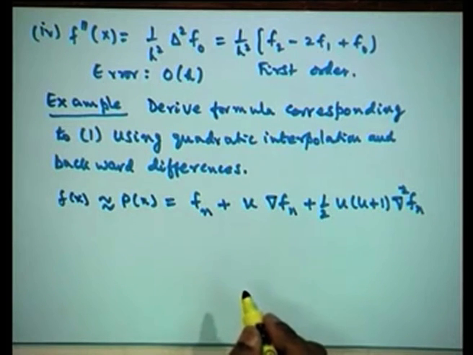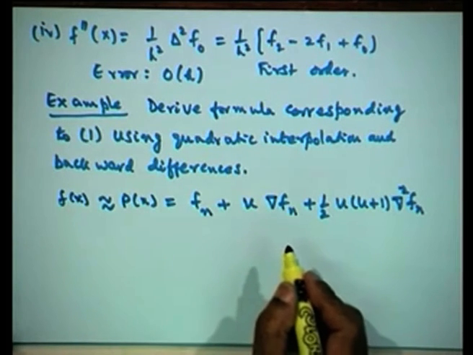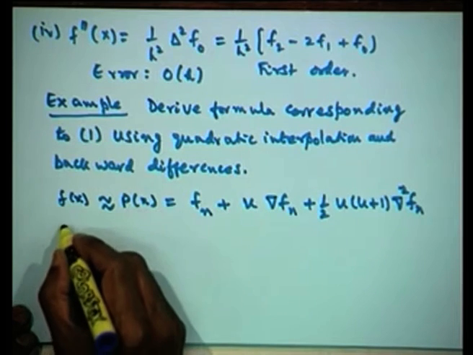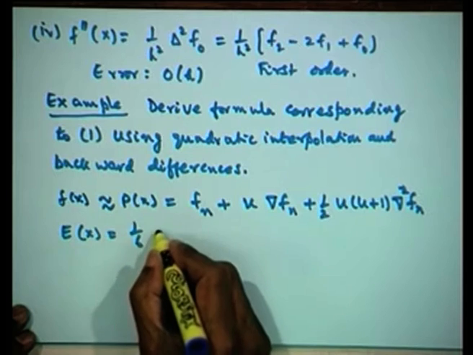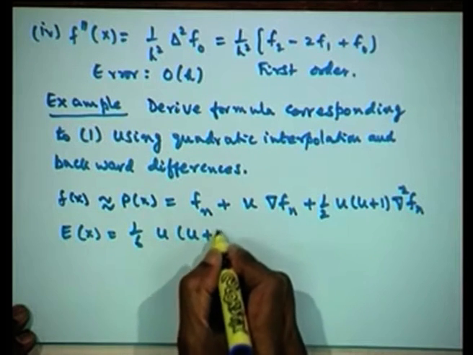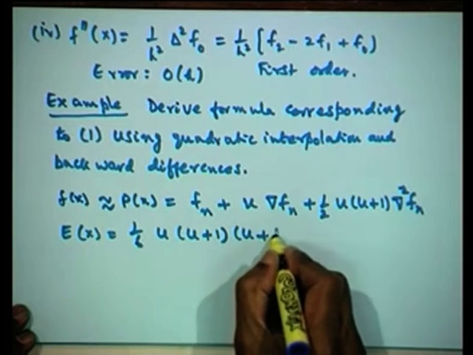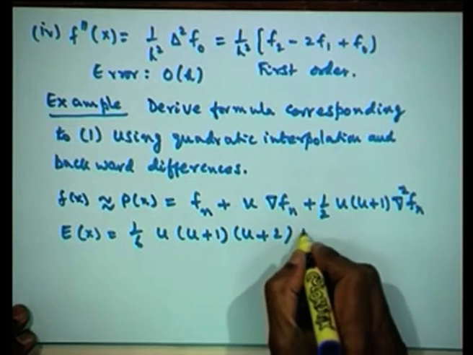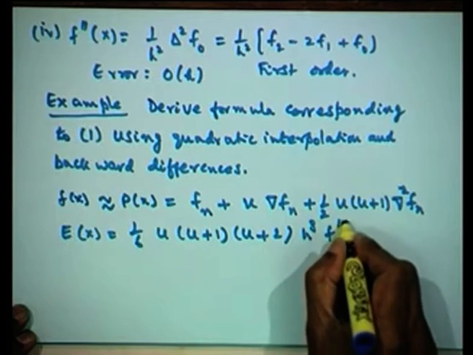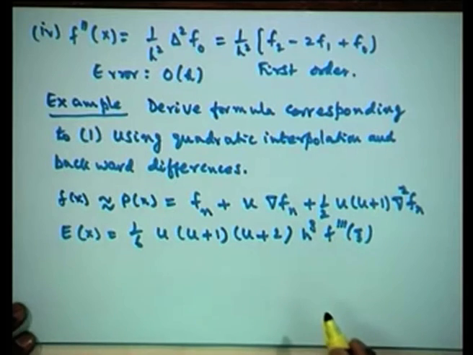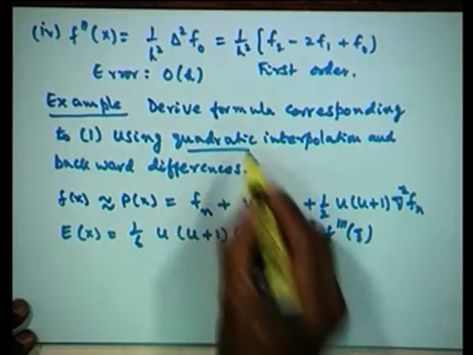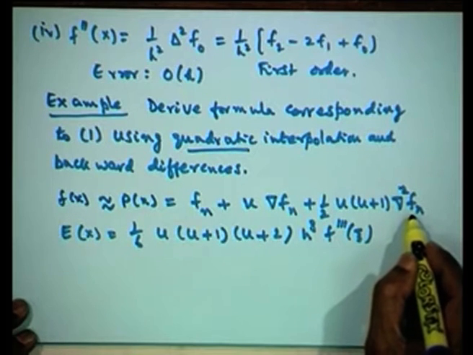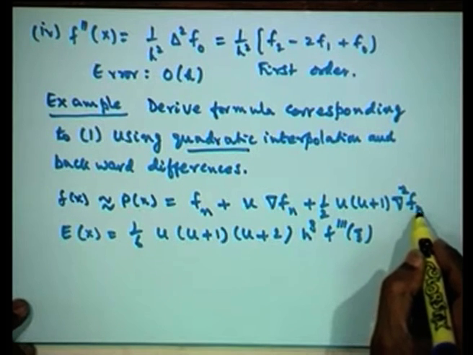This is the formula that we have derived for Newton's backward difference formula, and the error for this was derived as 1 upon 6 u into u plus 1 into u plus 2 into h cubed f triple dash of xi. It is a quadratic interpolation. Since it is quadratic interpolation, we have taken only up to the second backward difference, and the error is of this particular form.